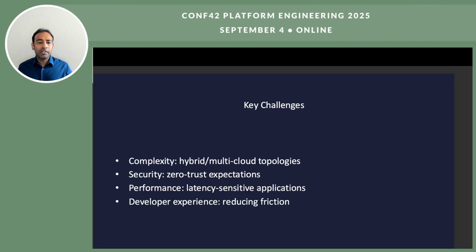The second challenge is security. The world is moving so fast with the zero trust mindset. That means we have to identify and verify across each and every layer we deploy, not just where the perimeter is. So we have to deploy things more securely for the business owners, for the applications, and also for the businesses, right?